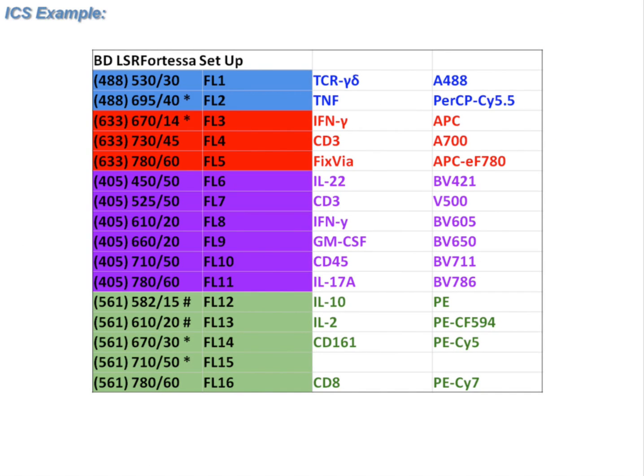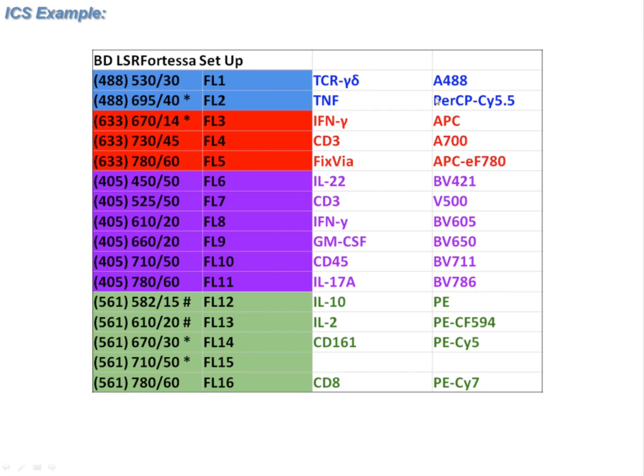So I just have an example of intracellular cytokine staining that I did a number of weeks ago. Now this is somewhat complex. Intracellular cytokine staining could be anywhere from a 1, 2, 3 color to a 15, 16, 17 color assay. In this case, it's a 15 color assay that we performed on our LSR.